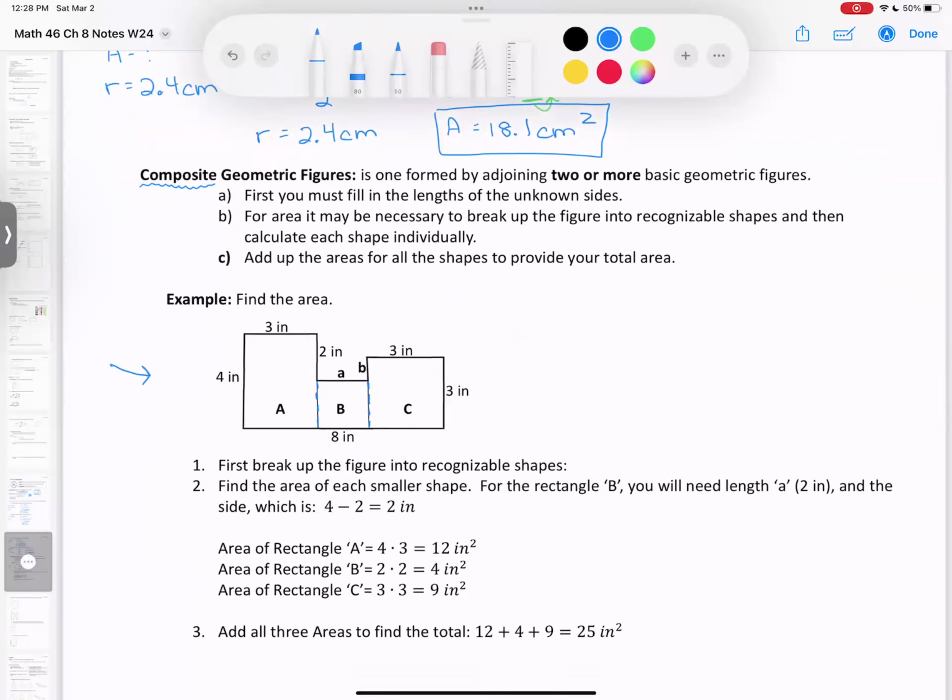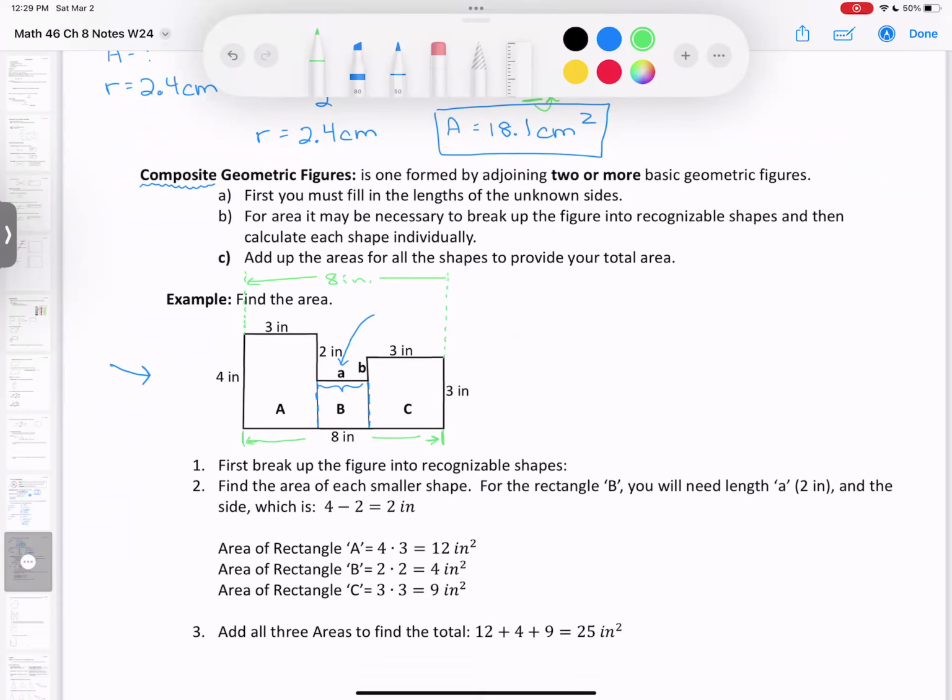In this case, we're going to need to know this length A, right here, because it hasn't been given to us. But if you look at what we do know, the length of the entire shape down here from this point to this point is 8 inches. I'm going to draw it up here too. Because this is a rectangle, this is also 8 inches up here.